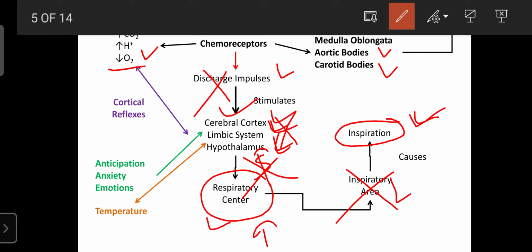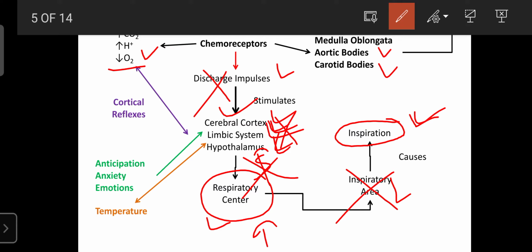So like that, the cerebral reflexes are also helpful for the regulation of respiration. Then, anticipation or anxiety emotions are regulated by the limbic system.